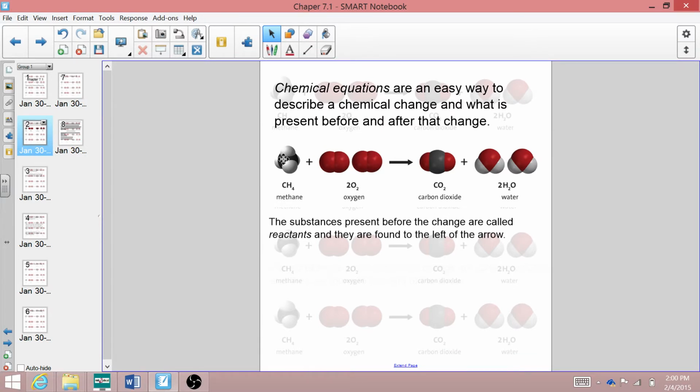So in this sample equation, our reactants are CH4 and O2. The parts on the other side of the arrow, over here on the right side, these are called the products, and that's what we end up with after the chemical reaction happens. So in our sample, our products here are CO2 and H2O.